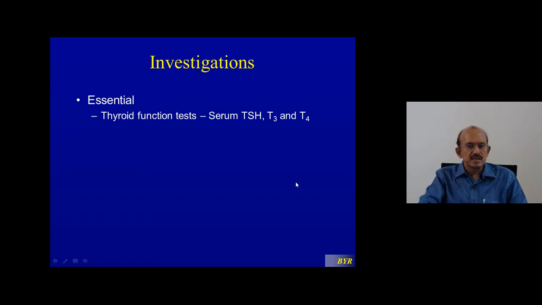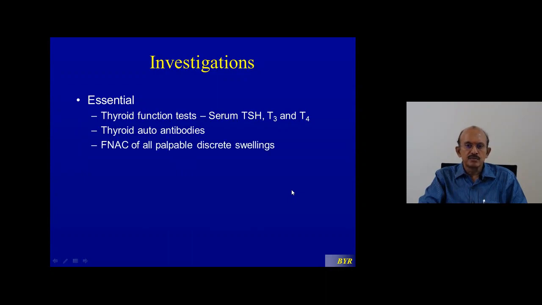Thyroid function tests. There are 3 tests, that is the serum thyroid stimulating hormone, T3 and T4. Thyroid autoantibodies. FNAC, that means fine needle aspiration cytology, of all palpable discrete swellings.